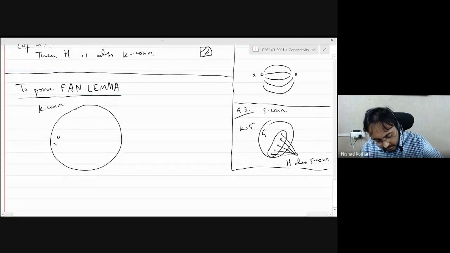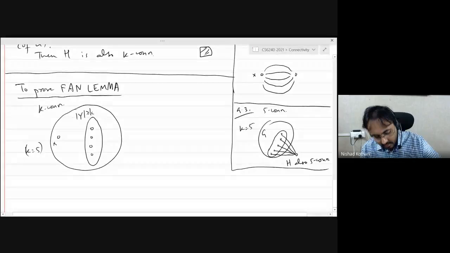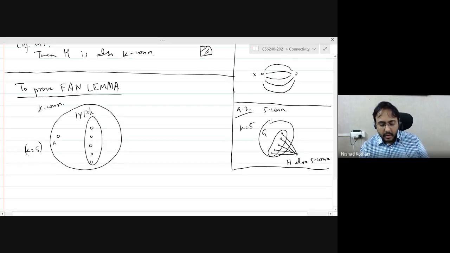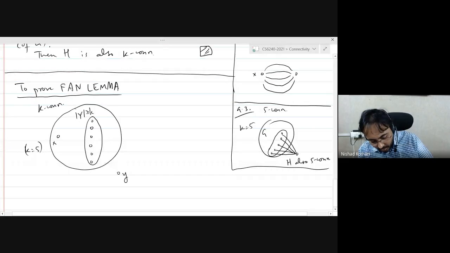You have a vertex x and you have a set Y with at least k vertices. Once again, let's say k equal to 5. You could have more than k vertices here. Now I add a new vertex, y here, and join it to all the vertices in the big set Y.